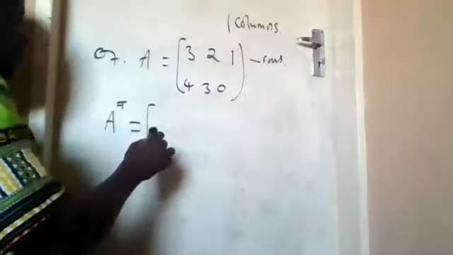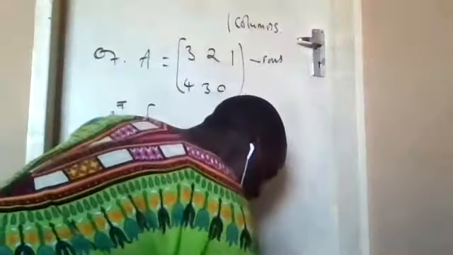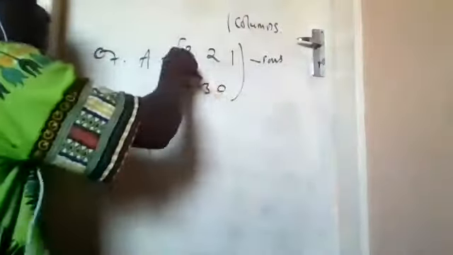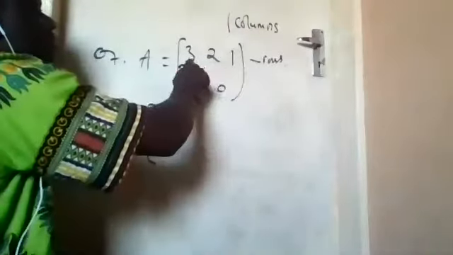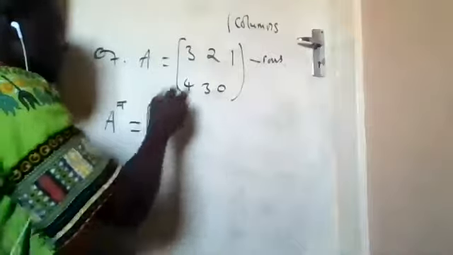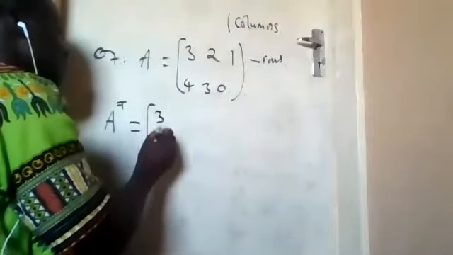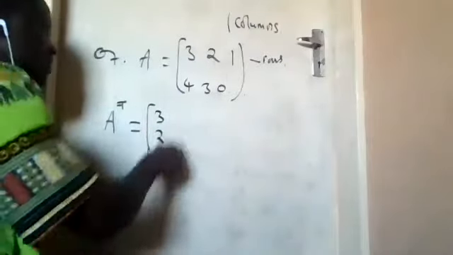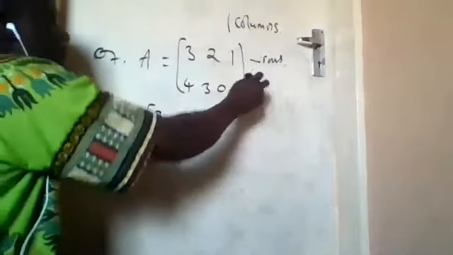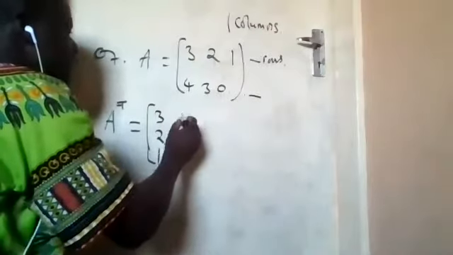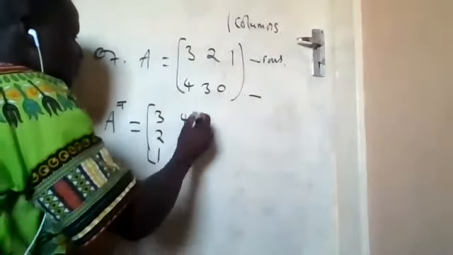How many elements do you have in the first row? 1, 2, 3. So the first column must have the same. We are going to have 3, 2, 1 because these were rows. Now they have become columns. The second row we have 4, 3, 0. We have transposed it.